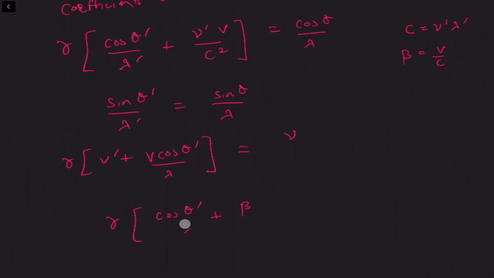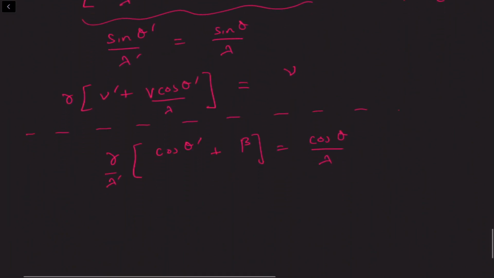So I'm just going to pull this out common, beta over lambda prime. So this is just rewriting this first equation, is equal to cosine theta over lambda. And the second equation is sine theta by lambda prime is sine theta by lambda.